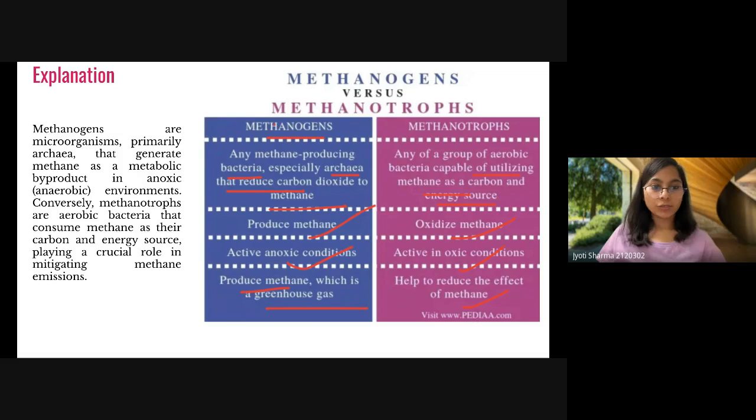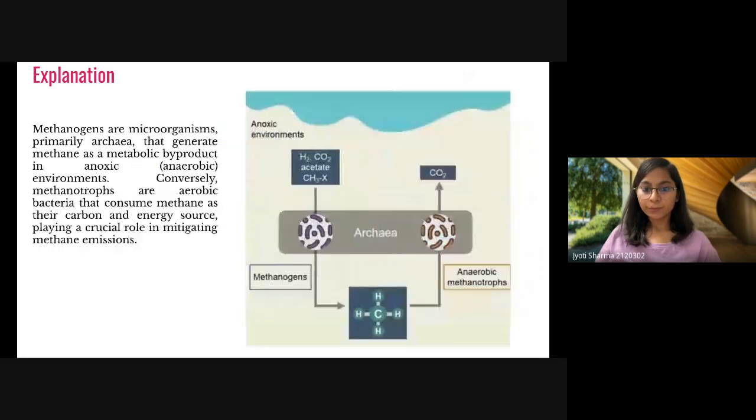I think that I should not go to the explanation because we have learned the difference between these two. And here again, you can see if we do have methanogens, then this will release the methane. And this methane will be utilized by the methanotropes and CO2 will be released.